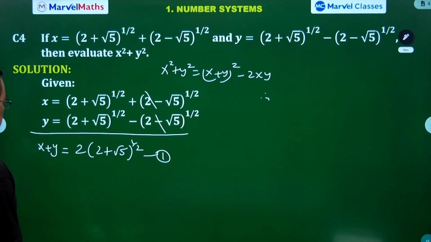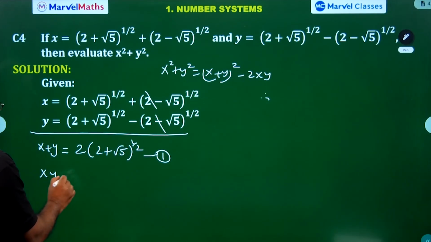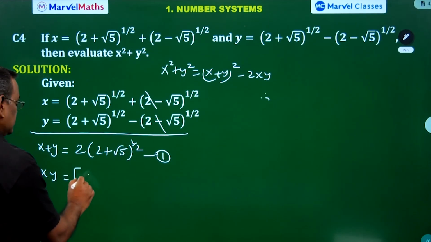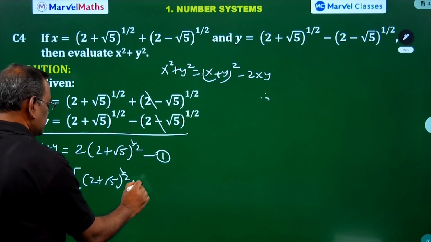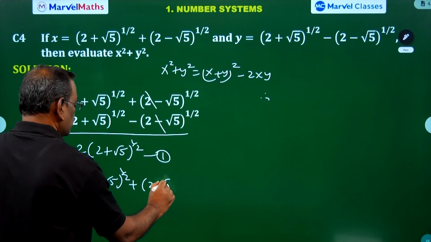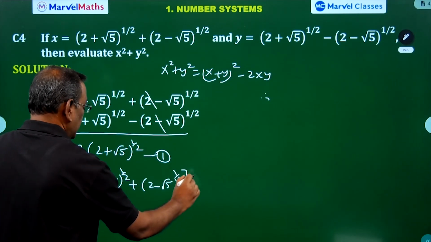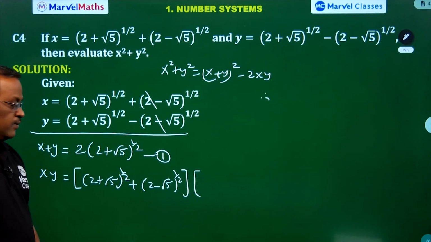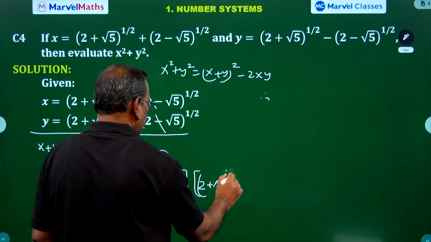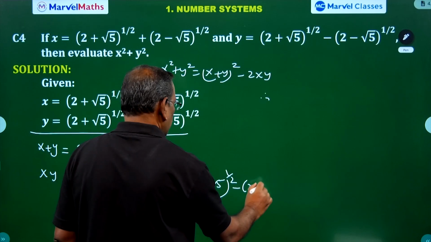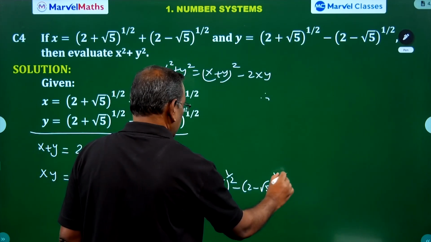Next, product xy equal to x into y. So what is x? (2 plus root 5) whole power half plus (2 minus root 5) whole power half, into y. What is y? (2 plus root 5) whole power half minus (2 minus root 5) whole power half.